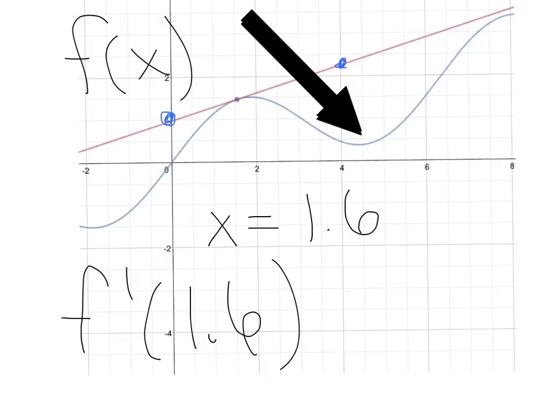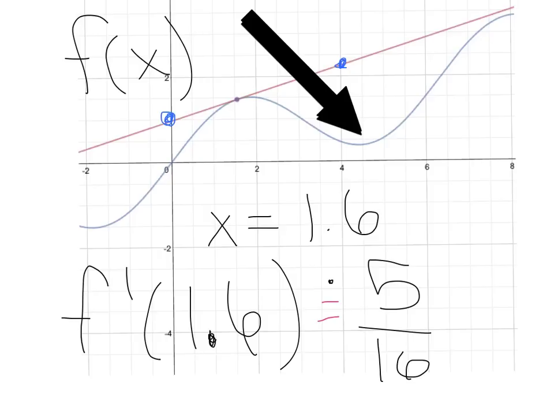I try to pick 2 points that are pretty far apart on the line so that I can calculate the slope fairly easily. If you calculate the slope here, you'll find out that it's equal to approximately 5/16. So that's equal to the derivative of f of x at x equals about 1.6.